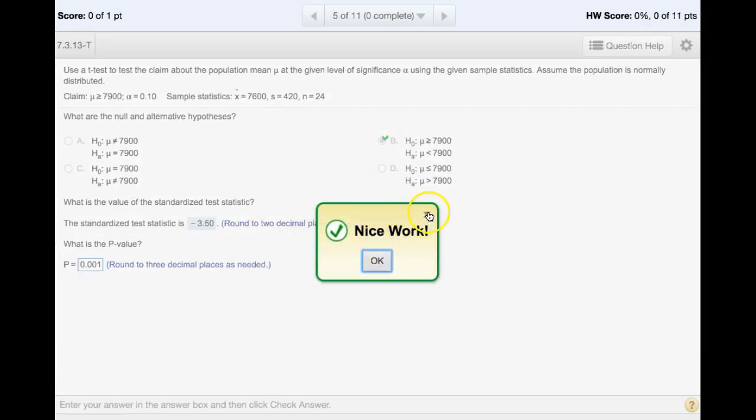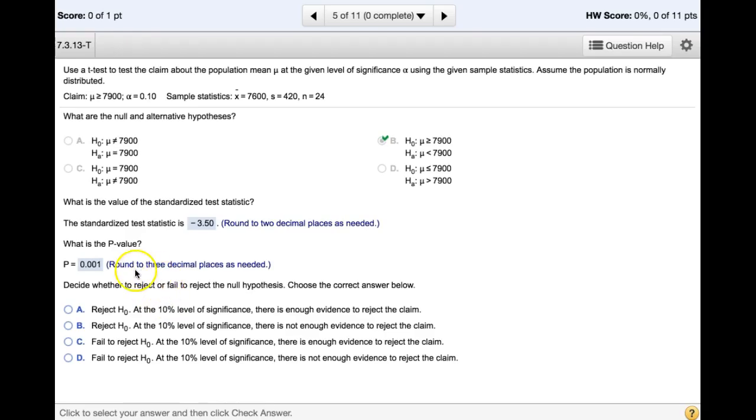Okay, great. So now we need to decide whether we're going to reject or fail to reject our null hypothesis. When we look at this, we know that our value for alpha up here represents the area under the curve of that particular t-distribution.